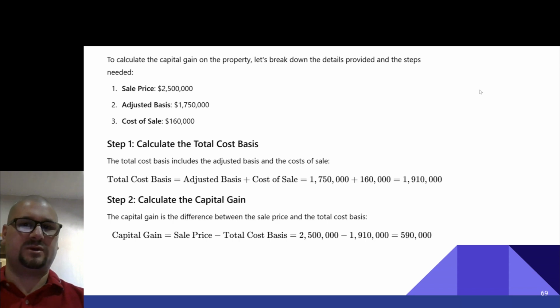What is the sale price? 2.5 million. What's the total cost basis? 1.91 million. So the capital gain is 2.5 million minus the total cost basis of 1.91 million, which gives you $590,000.